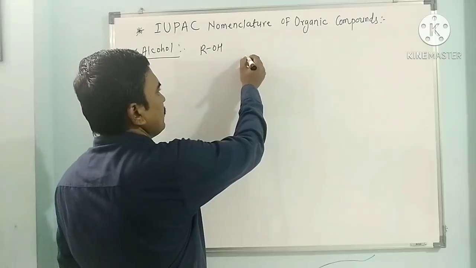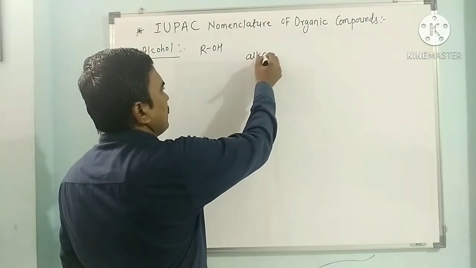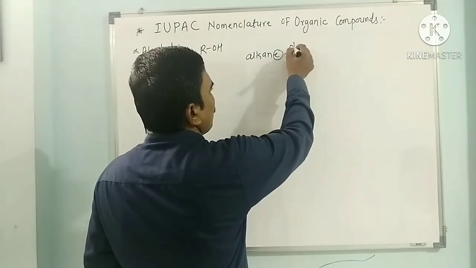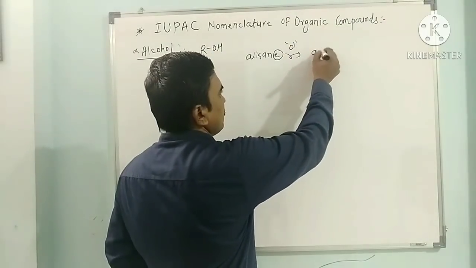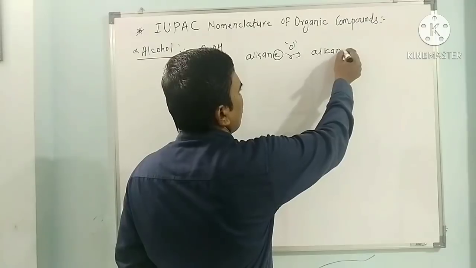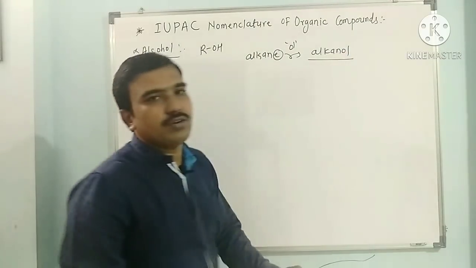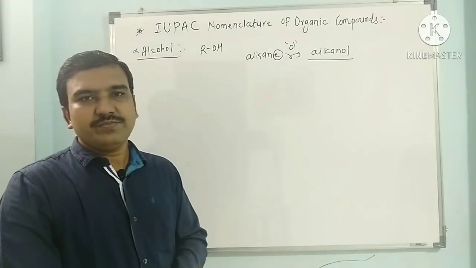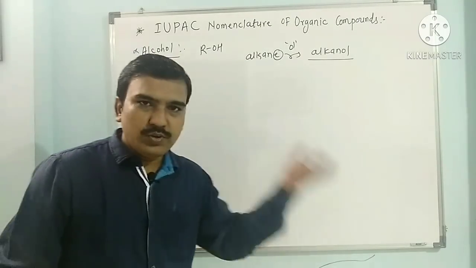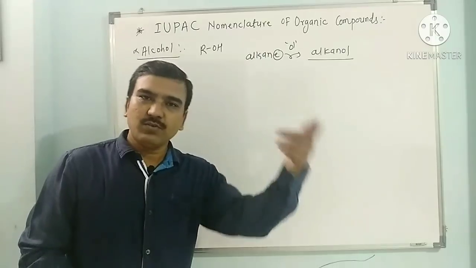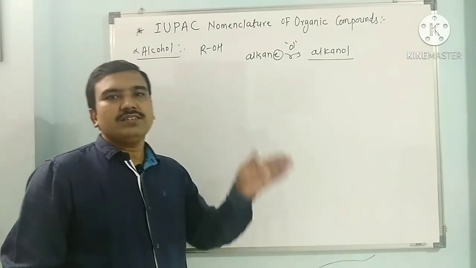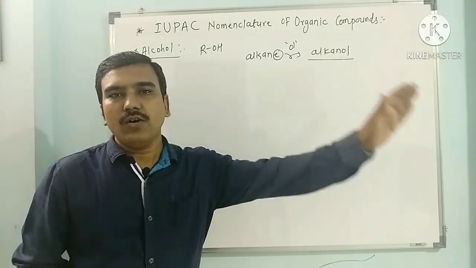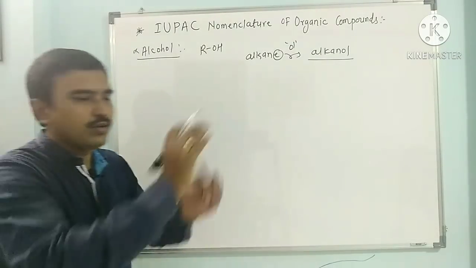In the case of alcohols, the last E of the alkane is replaced with OL, so these are called alkanols. Count the number of carbons in a straight chain. Give the lowest possible number to the carbon having OH. Then name it as an alkanol.